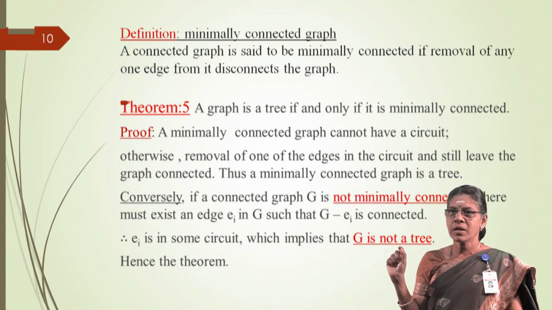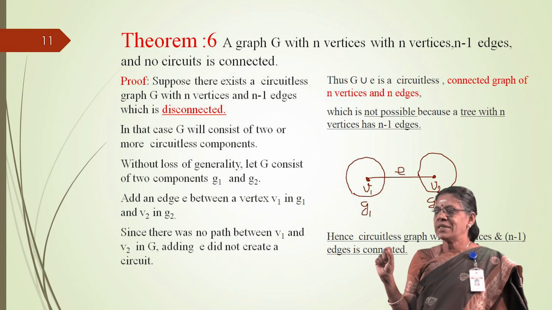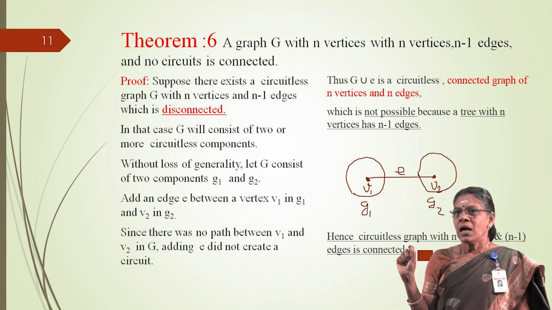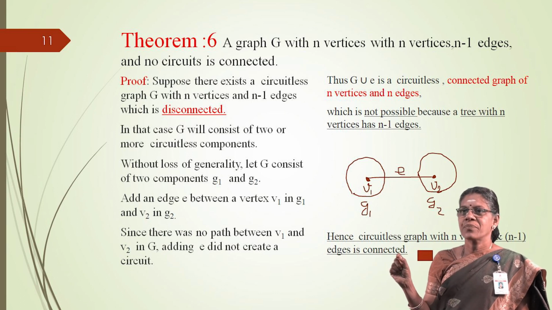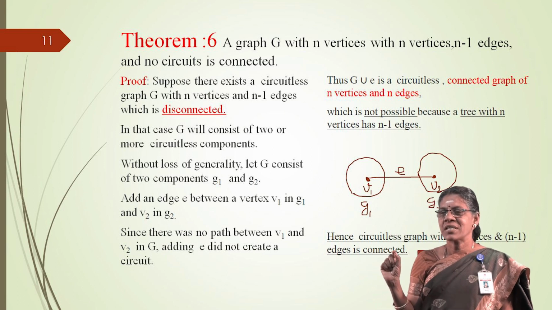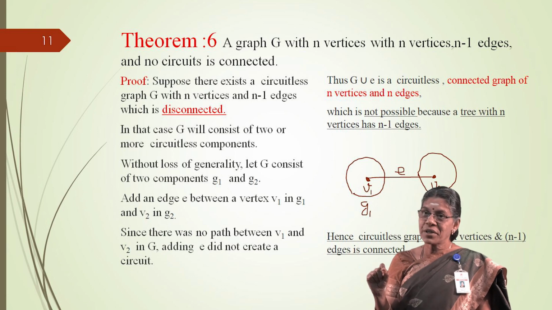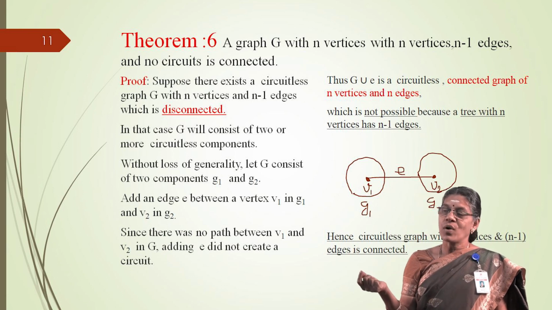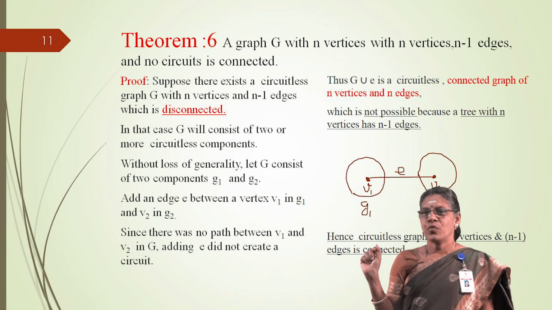Next, another property: a graph G with n vertices, n minus 1 edges and no circuits is connected. See the statement: n vertices, n minus 1 edges and no circuits, it will be connected. How is it connected? Proof.